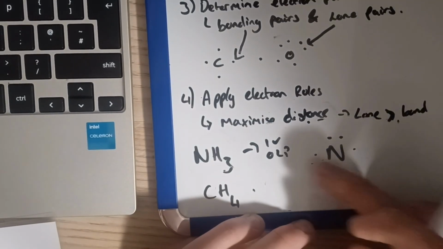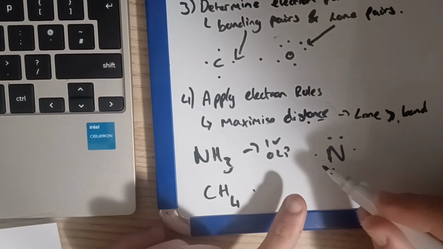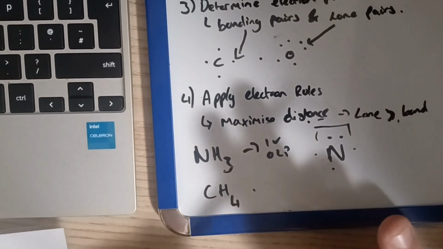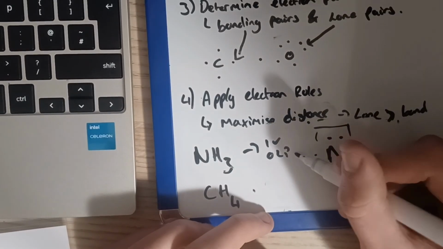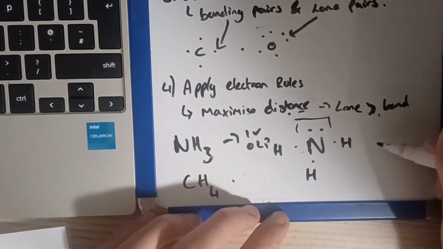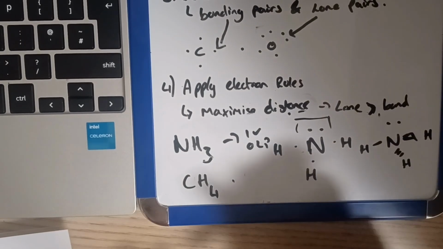So the only thing that's going to be affecting our bond angles is this lone pair, making this our 2D structure, and this our 3D structure.